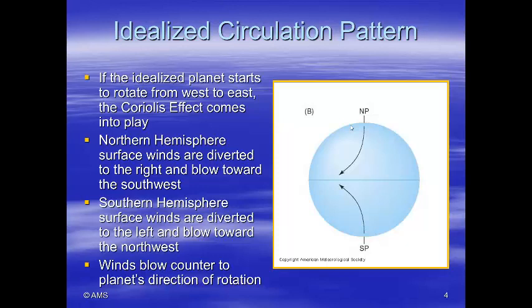So in the northern hemisphere, the surface winds are diverted to the right and blow towards the southwest. And in the southern hemisphere, the surface winds are diverted to the left and blow to the northwest. So the winds blow counter to the planet's direction of rotation.